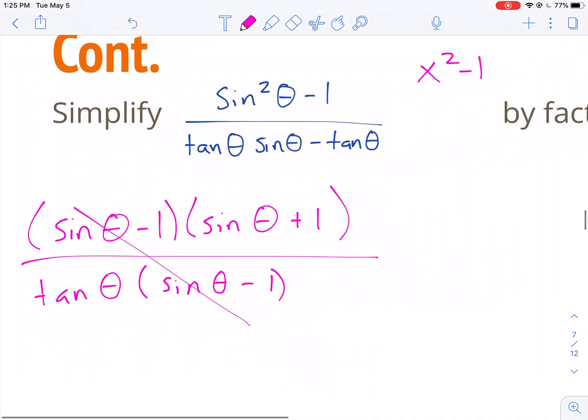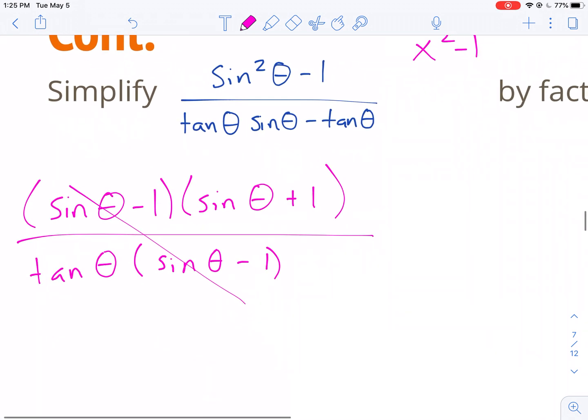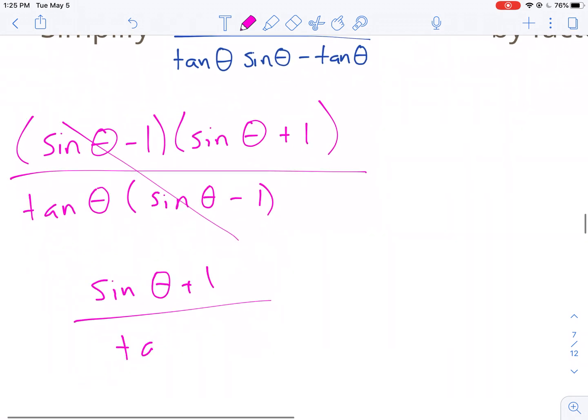Means I can cross that out, and this becomes the sine of theta plus 1 all over the tangent of theta.